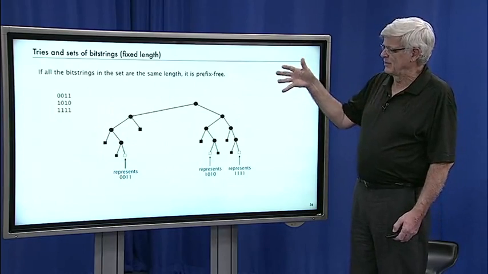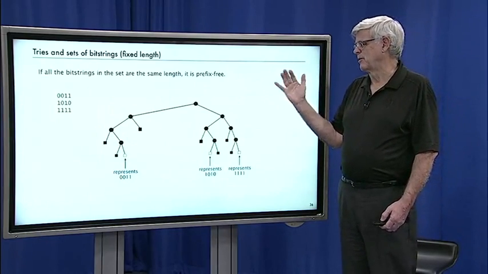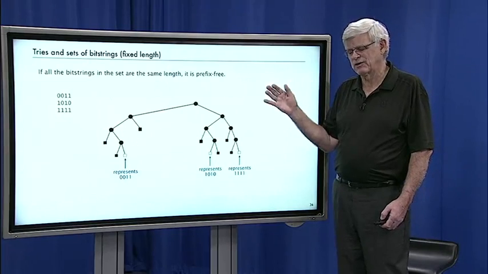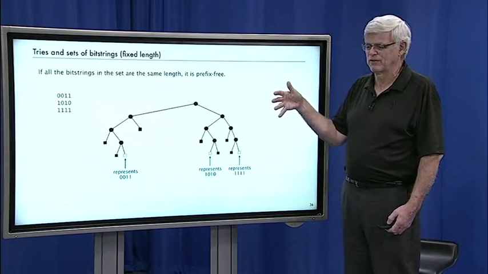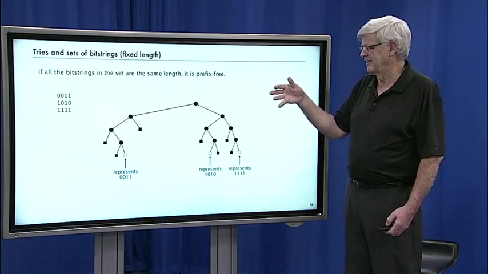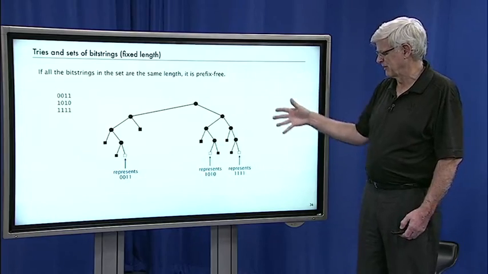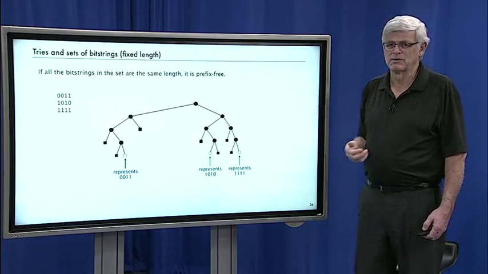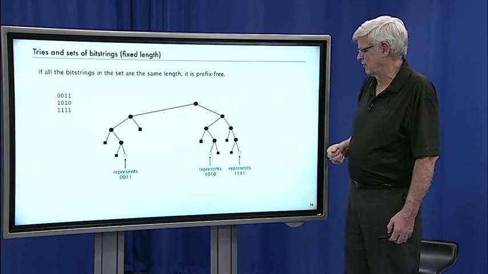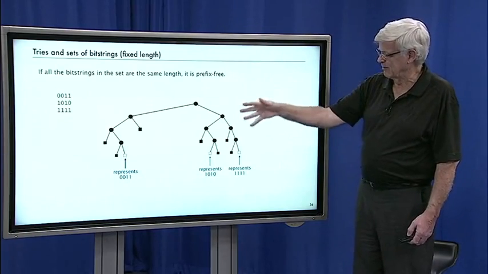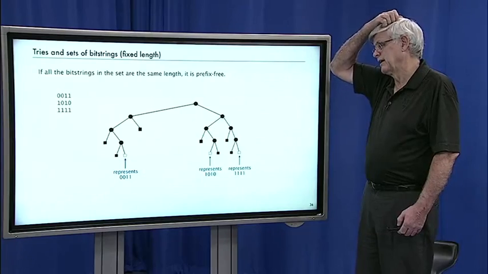So, like for example, fixed length. If all the bit strings are the same length, then it's prefix-free, because they're all the same length, and they're different. You can't have one being a prefix of another. And that's a typical and useful application of tries. So this is a trie that represents those 3 strings.